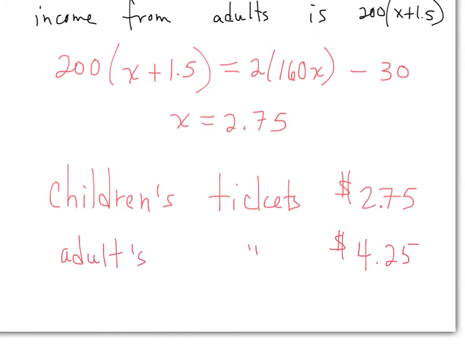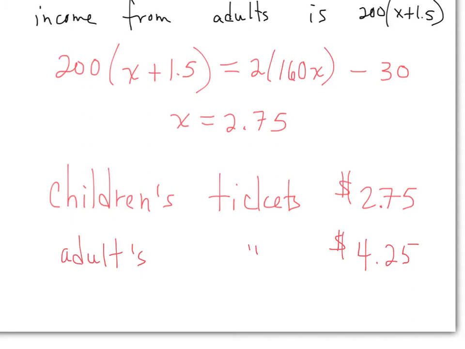Okay? Any questions on this problem? If you struggled with it in the beginning, it's okay. It's not the end of the world. But the idea is that you have to be able to understand afterward at least how we translate it. So as you go through the problem, as I talk about the problem, understanding that the word was meant equals, or the income from the adults, that's the left-hand side of the equation.